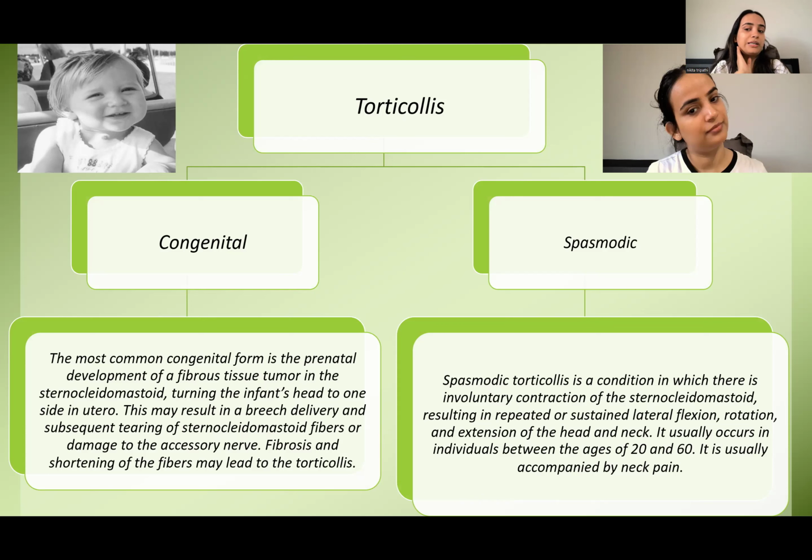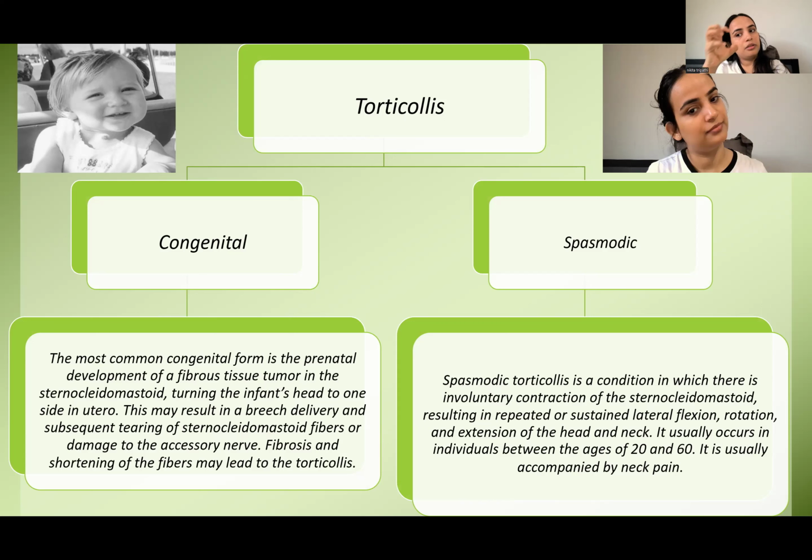Because of my right SCM, I'm talking about my right SCM, because of prolonged use, I'm using my double screen looking at the computer, or I slept in a bad posture, or any number of reasons, my SCM got into a shortened position. So when anything gets into a shortened position, it will pull the part toward its side. If my right SCM is shortened, it pulls my neck towards the right side.